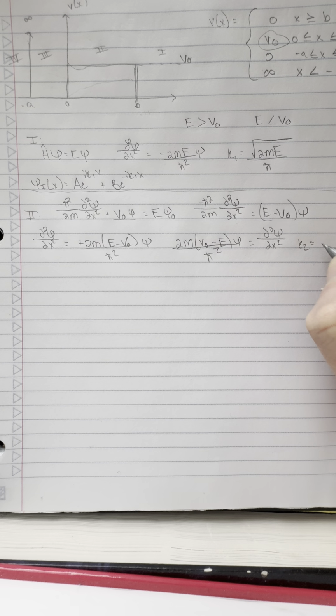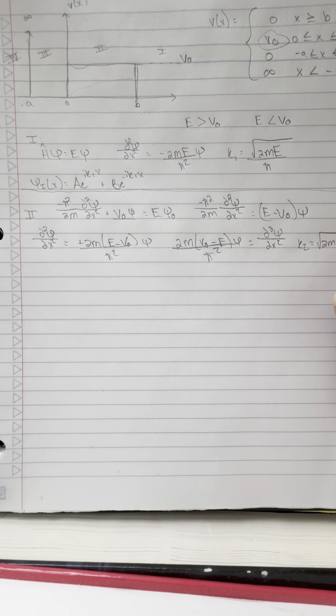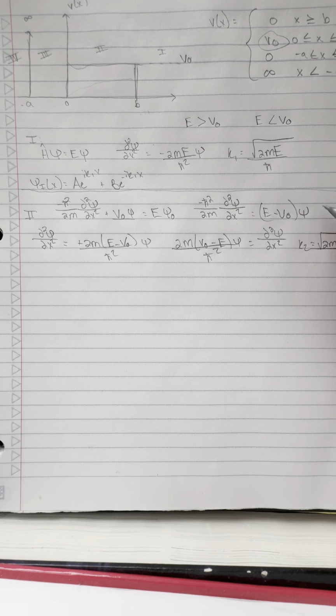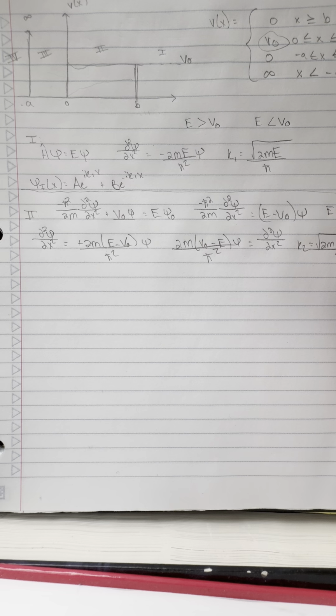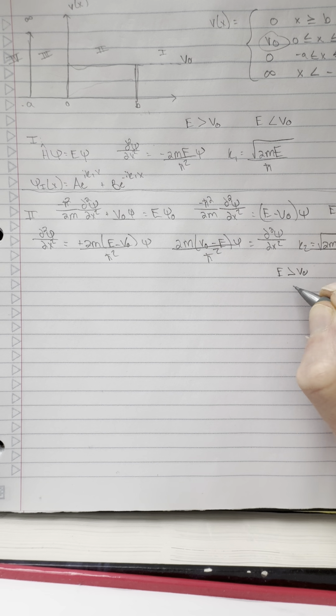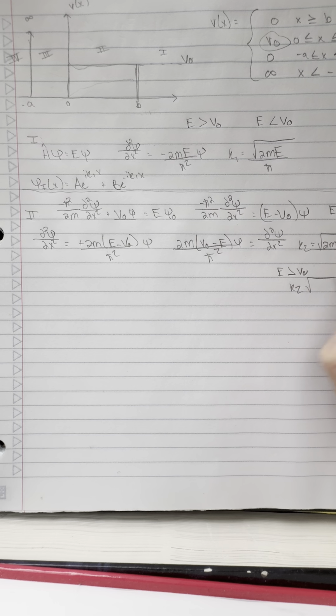Define k2 to equal the square root of 2m (V naught minus E) over h bar, if E is less than V naught. If E is greater than V naught, we define k2 as the square root of 2m (E minus V naught) over h bar.